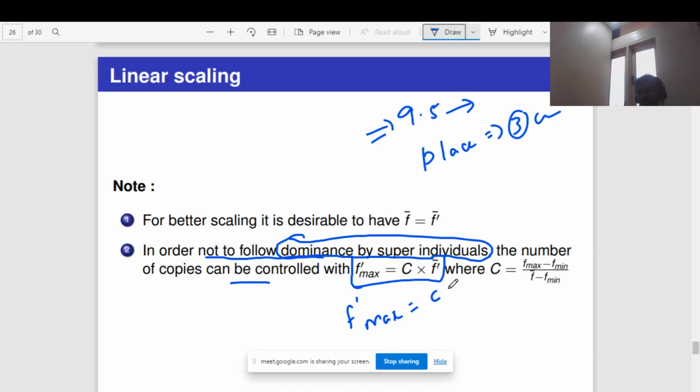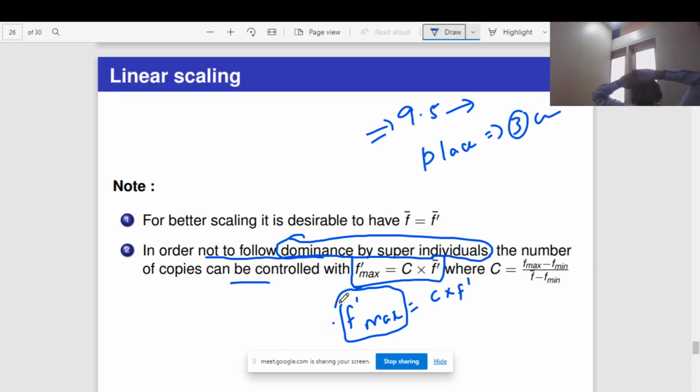So f dash max is equal to c into f dash, where c is equal to f max minus f min divided by f dash minus f min. Are you getting? So a superior individual, that is an individual with a very good fitness score, will not be selected more than this many times.